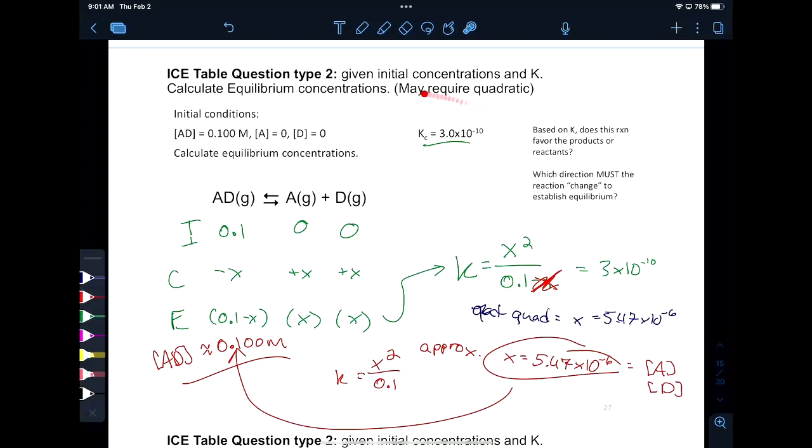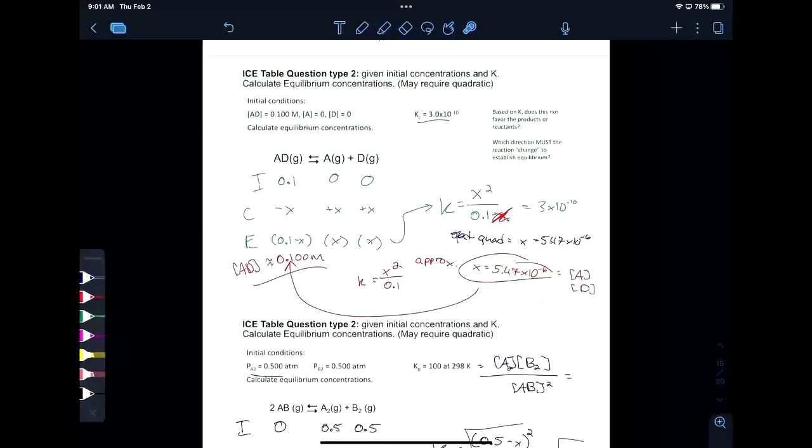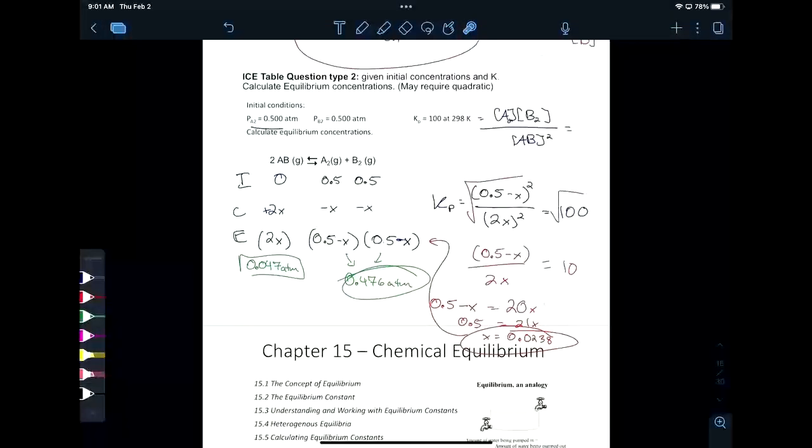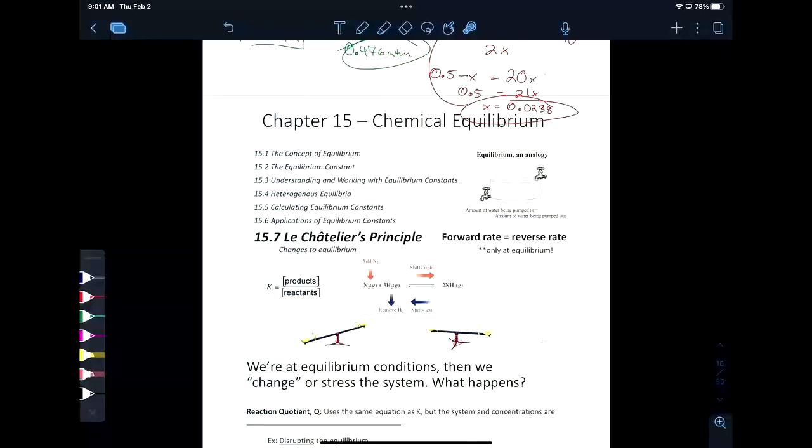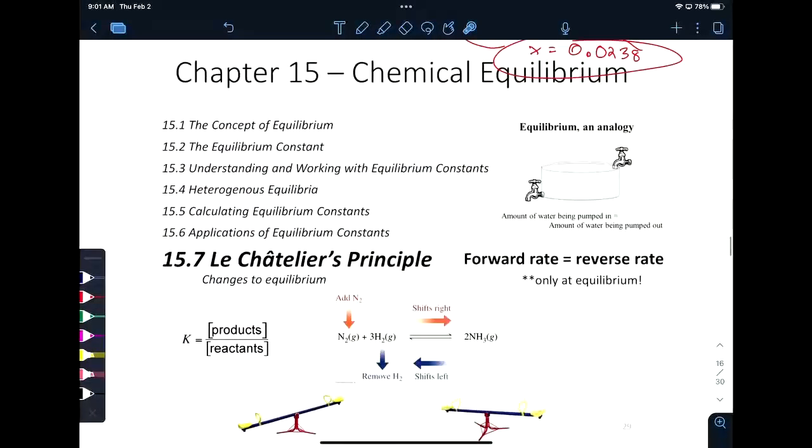This work that I showed you right here, we will apply to weak acids and weak bases in chapter 16. So do keep this in your back pocket. We'll use it a lot. But you don't have to use the quadratic, so it's not too bad. I would suggest using Wolfram Alpha for online homework so you can be lazy and not actually have to do it.